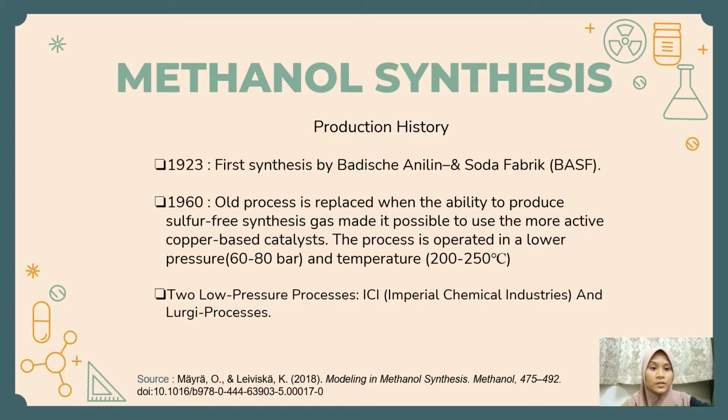This process is operated at low pressure, which is 60 to 80 bar, and at low temperature, which is 200 to 250 degrees Celsius. And since then, the production of methanol occurred in two low pressure processes, which are the ICI and Lurgi processes.